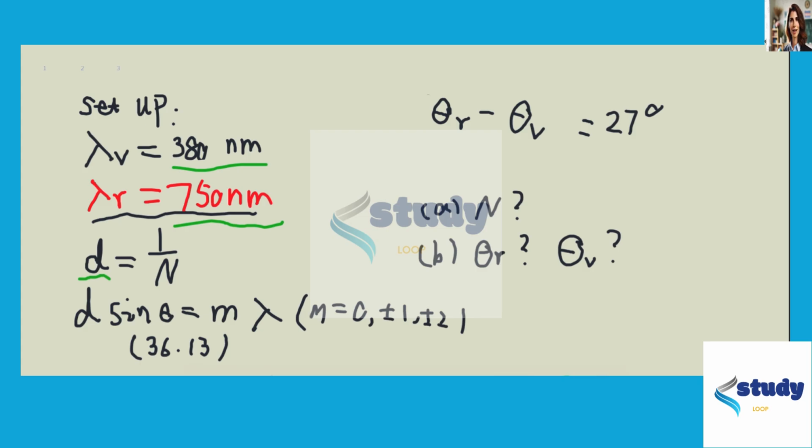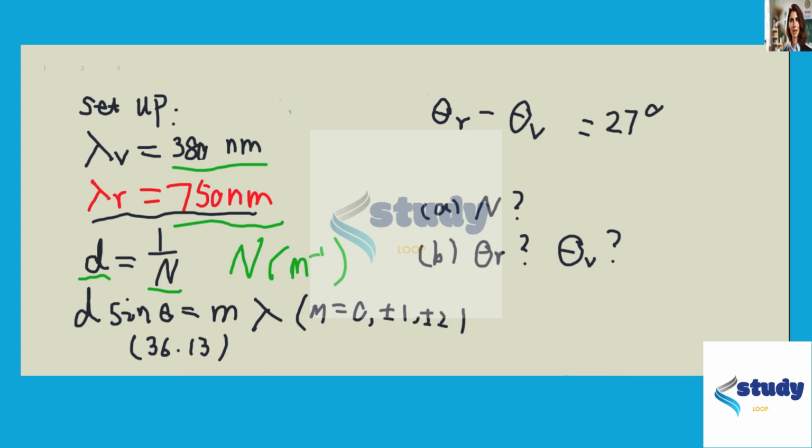And for the upper limit of the spectrum, the wavelength of the red light is 750 nanometers. We suppose the distance between each slit on the grating is d, and d equals 1 over n. What's n here? n is the number of slits per unit length, and the unit is per meter.